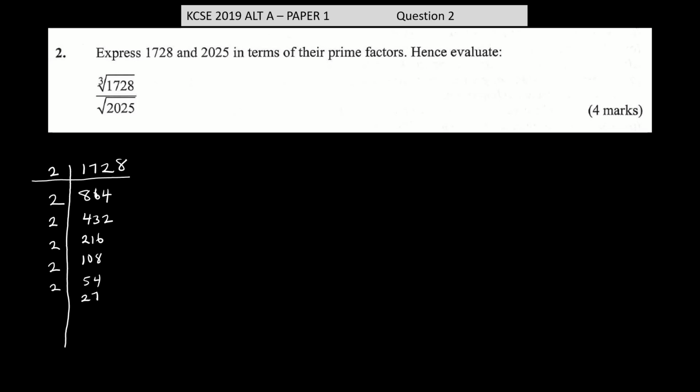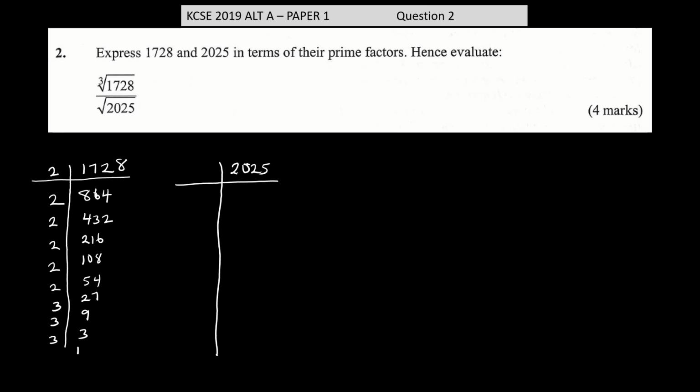Now 2 will not go again, the next number that will go is 3. 3 into 27 is 9. 3 will go again, 3 into 9 is 3. 3 into 3 is 1. Also the prime factors of 2025. Just like we did for the first one, we draw another cross.